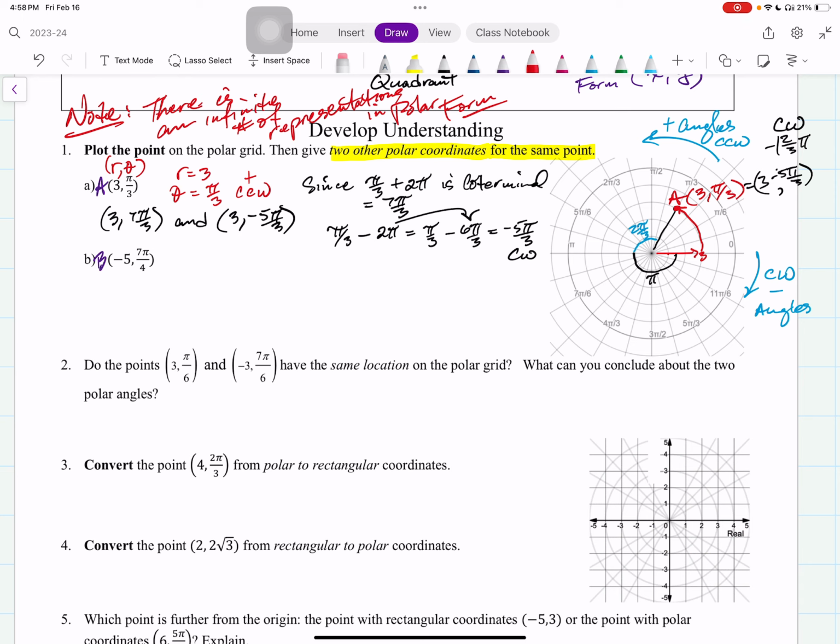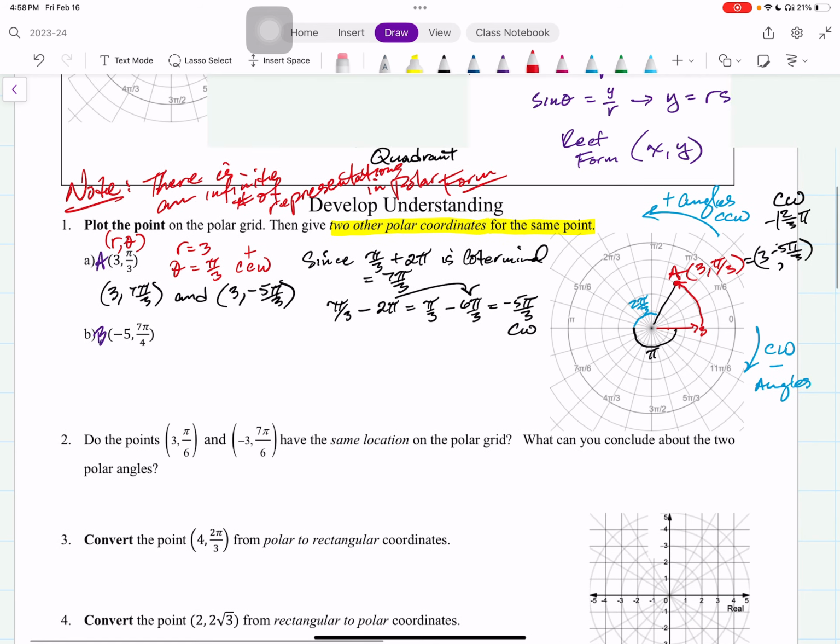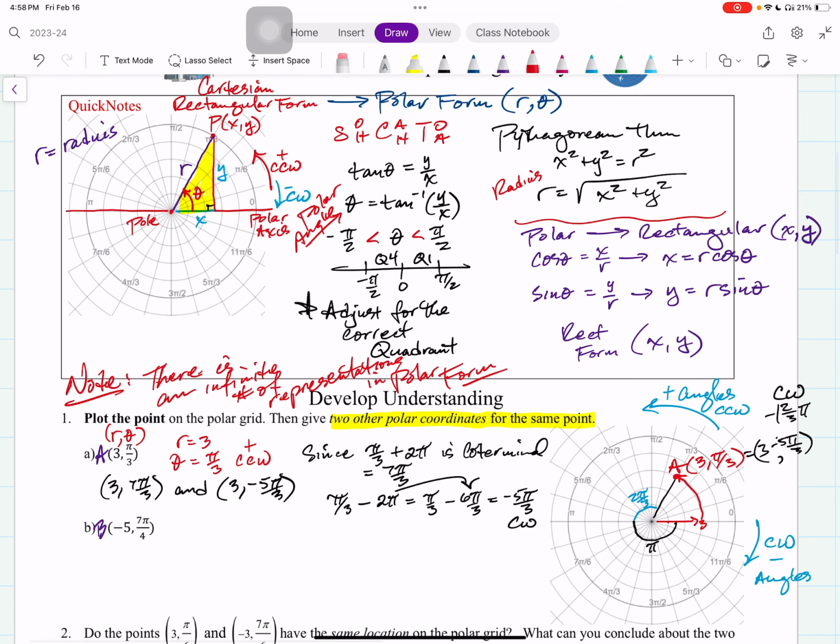Now there is another way to do it, and you can have a negative radius. Let's go back up here to quick notes. If you want to graph negative r comma theta, if r is negative, it's a reflection across the pole, or basically a 180-degree rotation, or you can think of it as the opposite direction. So if you're graphing r comma theta, let's say P can be represented as r comma theta.